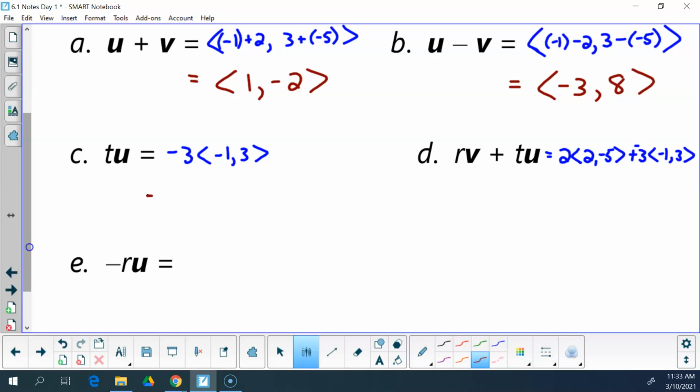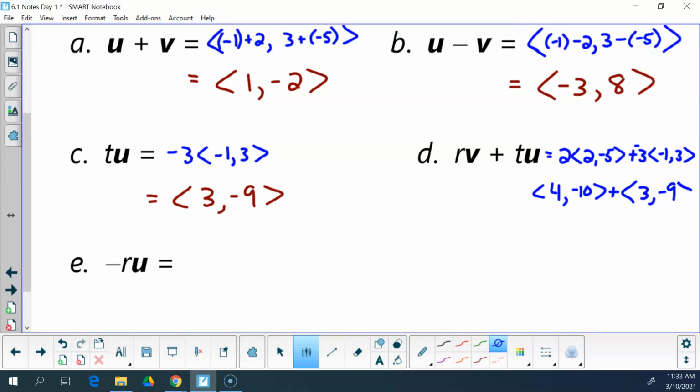t u, I got positive 3 comma negative 9 for that one. Yes? Love it. Okay. For this one then, I got the vector 4 comma negative 10, and then plus the vector 3 comma negative 9.